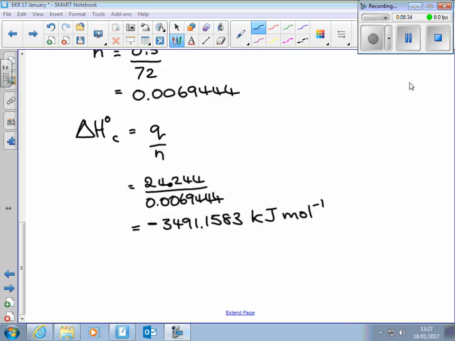So hopefully, if you've gone astray in any of that, you can check it off. The third one, I'm going to give you a bit longer to have a look at, because it requires you to work backwards a bit. You can work out the energy change, because M is 300, C stays the same, and you're told that delta T is 55.